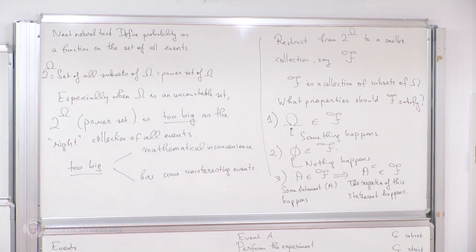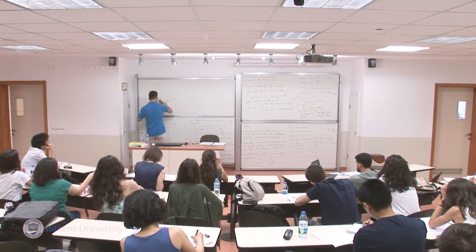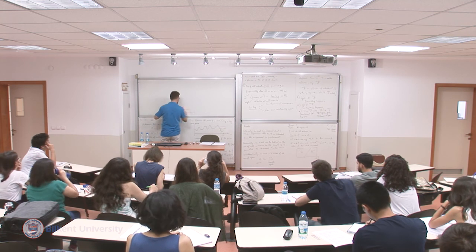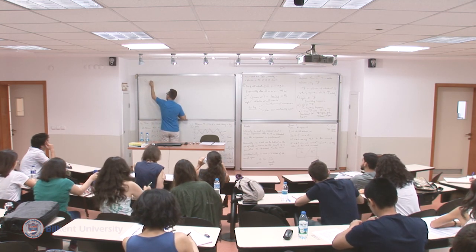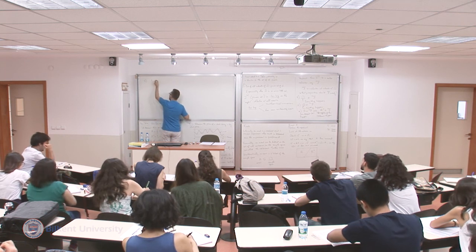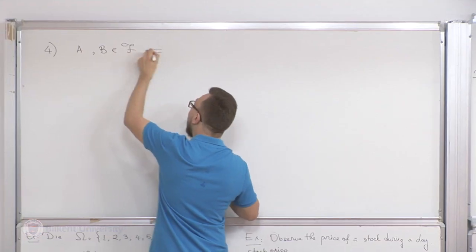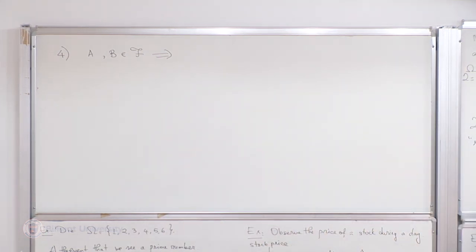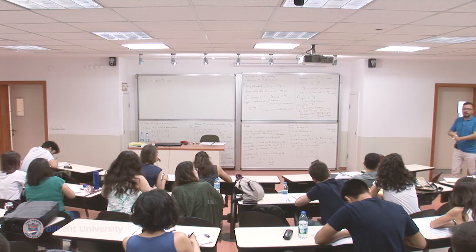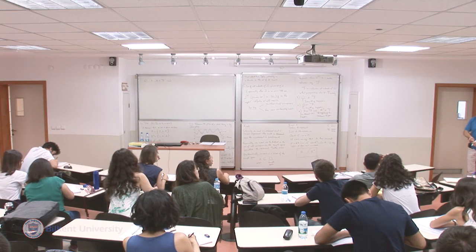Final thing before we go. You have a statement, another statement. Okay. I have a prime number. I have an odd number. Do I have a prime or odd number?